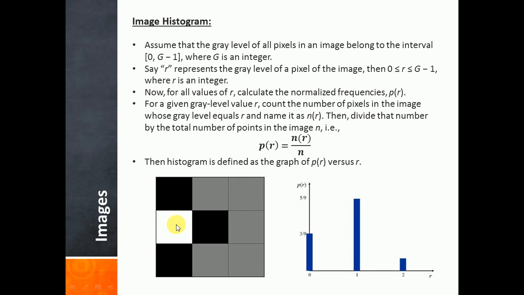The darkest, level 0, has 3 values, so 3/9, that's this one here, and obviously this one in the middle is 1/9. Again, the histogram has a lot of uses, and we will see that in the later chapters.